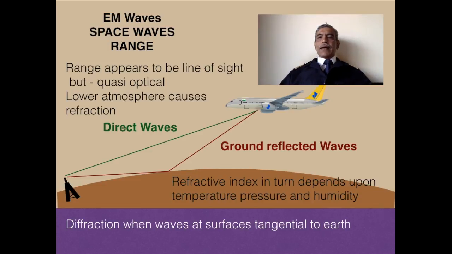There is a change in refractive index, and depending on the angle of incidence, there is a tendency for the ray to bend. Therefore it's not necessarily purely line of sight. There is a little bit of extra range which it is able to get.